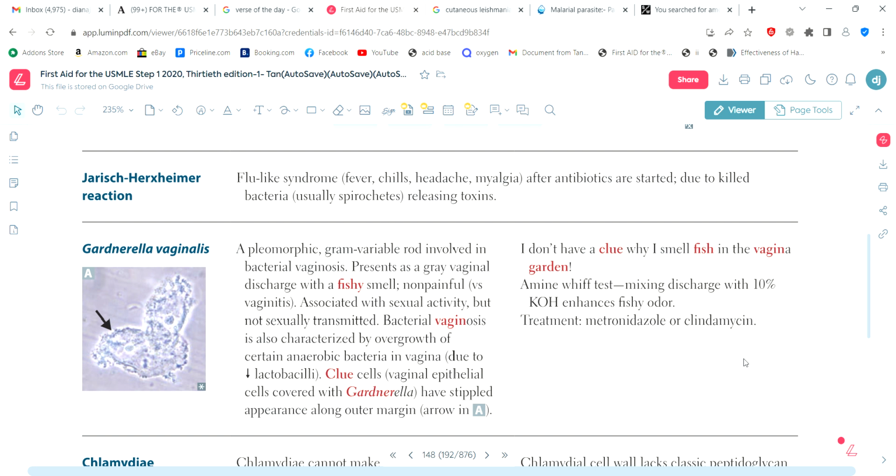Gardnerella vaginalis is where you see clue cells. Remember the picture for clue cells. It is important. Clue cells are vaginal epithelial cells covered with Gardnerella.